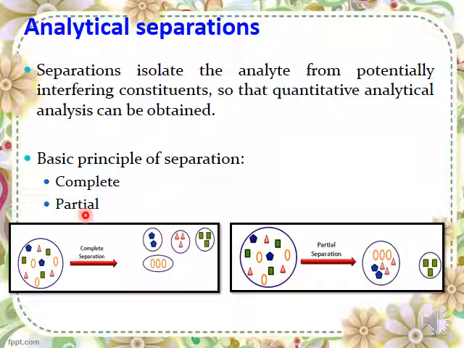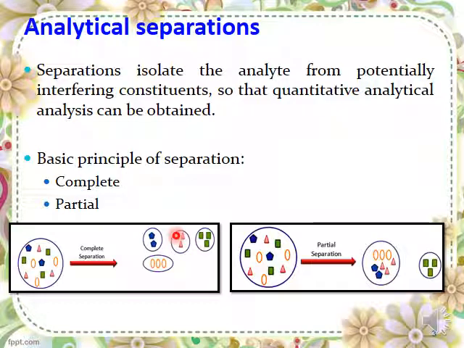Let's say you want to identify each and every component in a mixture, for example in this figure here. You can do complete separation, so each component is separated completely.